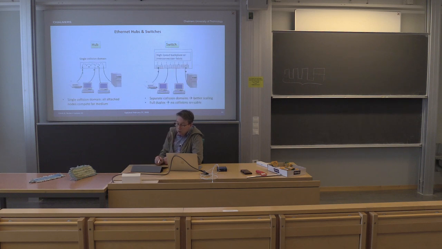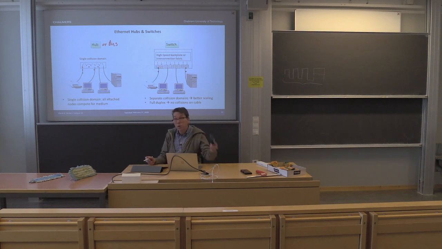Well, if we have a hub or bus topology, what it means is that everything which is attached to the medium hears every transmission which is ongoing on the medium. That's a bus for you, right? Which means that we have one domain here where collisions can occur. So this is the old days.